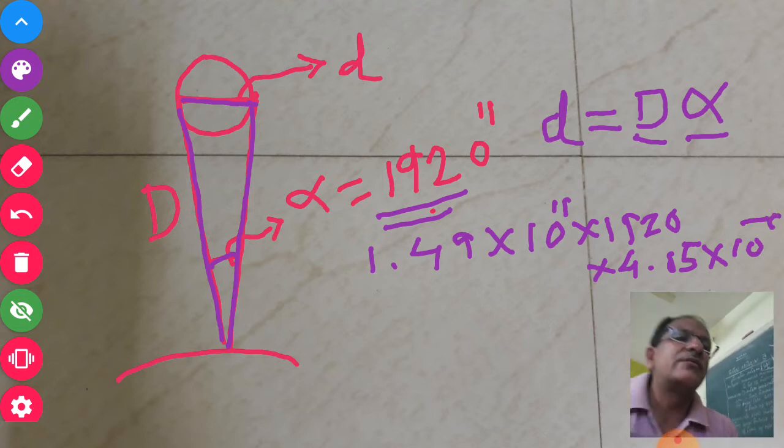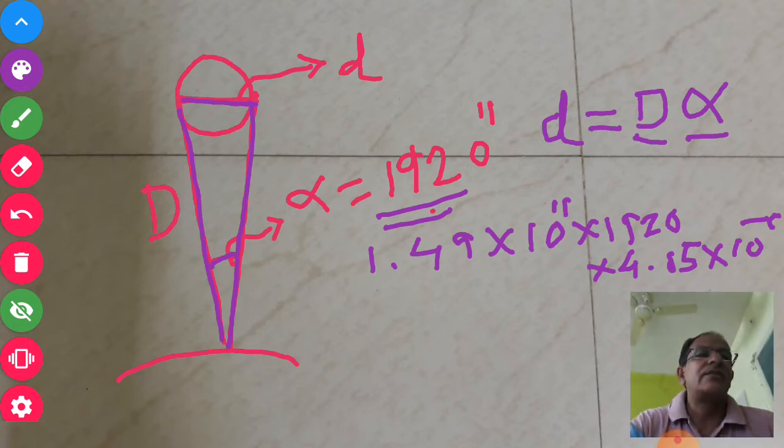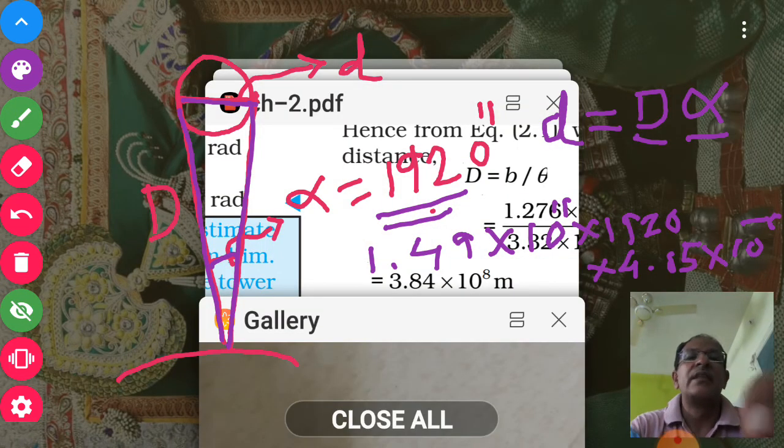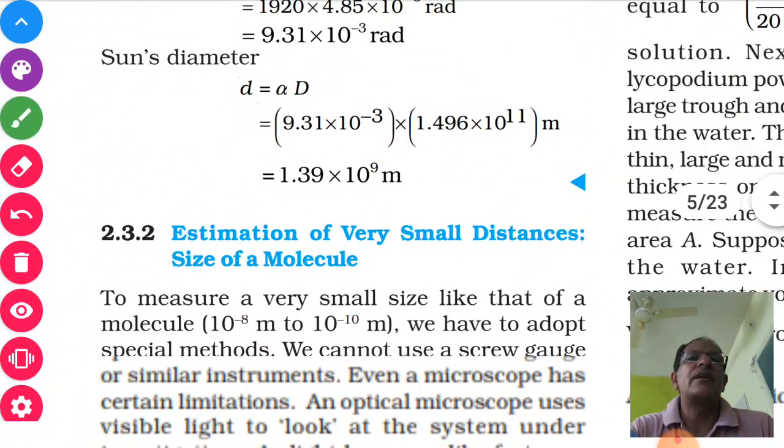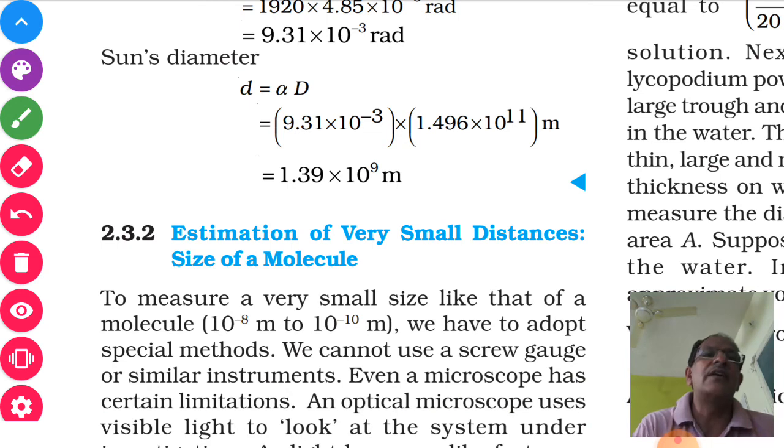Simplify this by using a calculator and you will get the answer: 1.39 into 10 to the power 9 meter.